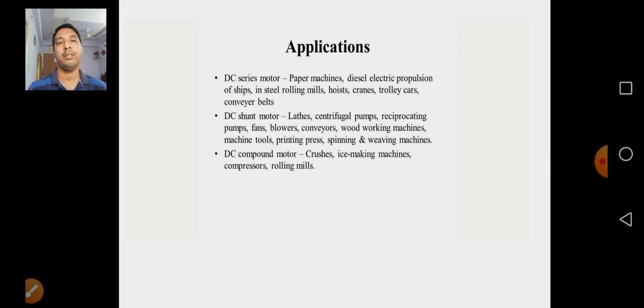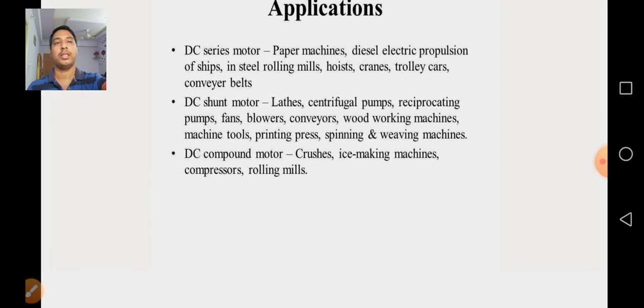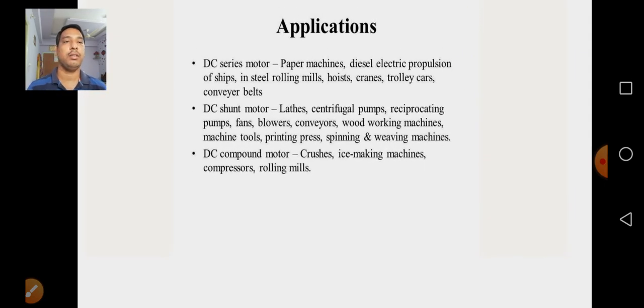These are the two methods you can use for controlling the speed of the DC motor. Finally, what applications can we go for with the different types of DC motors? We have shunt motors, series motors, and compound motors. Series motors are used specifically where high starting torque is required, which is the important characteristic of series motors.